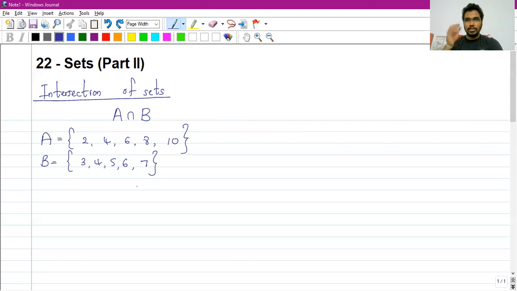So those elements can be written as a set, the intersection of both sets. We write A intersection B, which means the set of the common elements in these two sets.